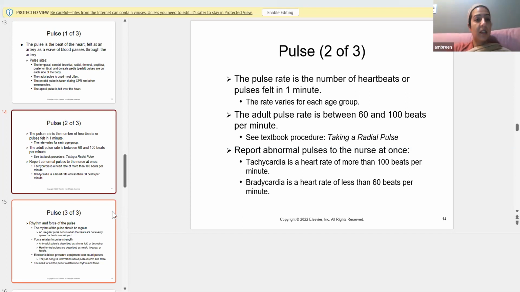And if somebody's heart rate is more than 100, they always say this person is tachy. You don't use the whole word tachycardia, he's tachy. That means his pulse is above 100. Again, please make sure, it can be normal for a person to person because of their condition.